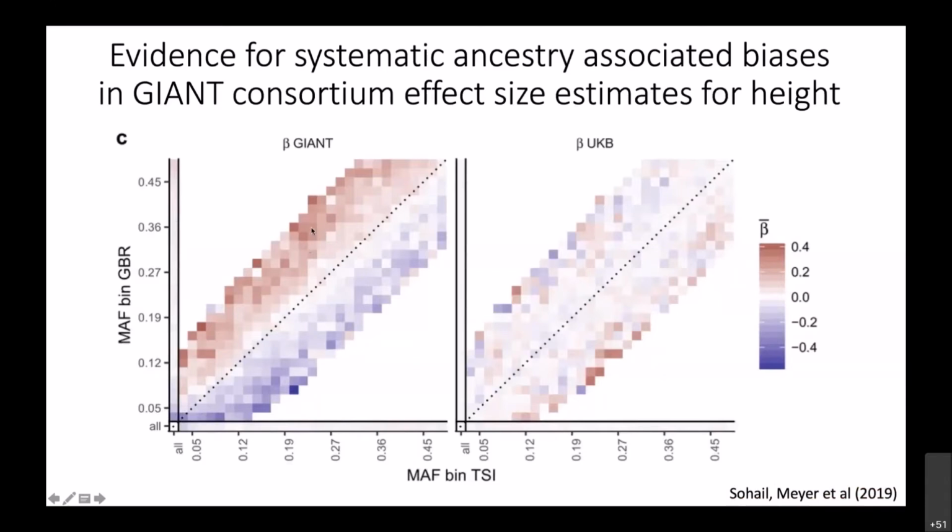The coloring shows the average effect size estimate in a given joint minor allele frequency bin. What you're seeing is that all of the sites that fall above the diagonal, that are at higher frequency in the north than the south, have systematically more positive effect size estimates in the giant consortium, whereas the reverse is true for sites that are at higher frequency in the south than the north, and this isn't true in the UK Biobank.